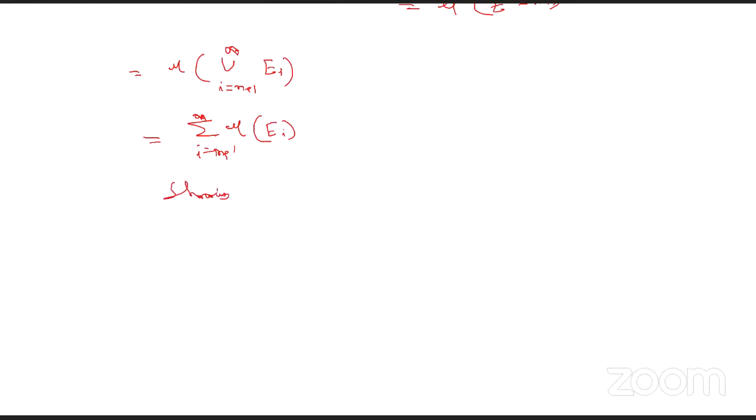Showing the norm of chi_(A_n) minus chi_E in L^p tends to 0 as n tends to infinity.